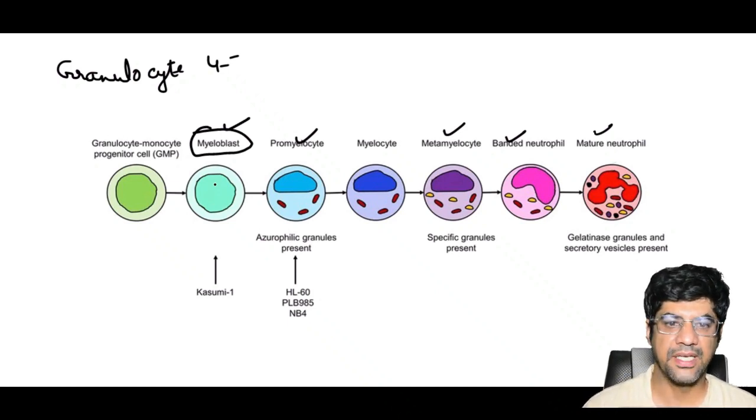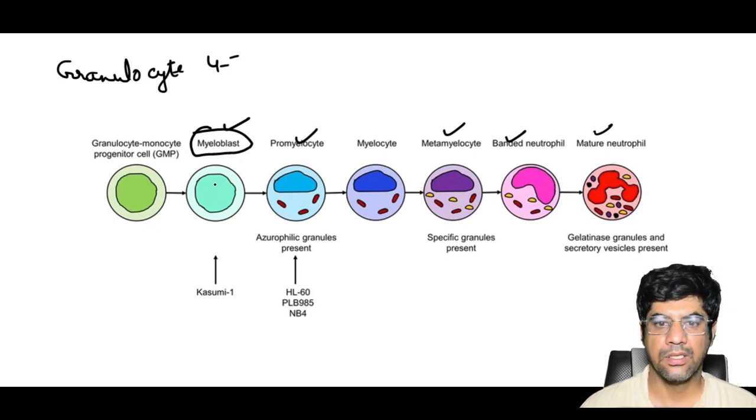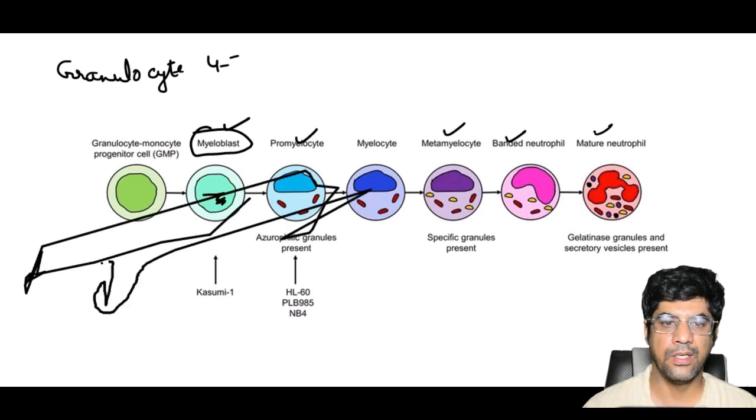The first stage is the myeloblast stage. It has a size of, remember, around 10 to 18 micrometer. The nucleus here is large, round to oval. The cytoplasm is deeply basophilic, containing no granules.